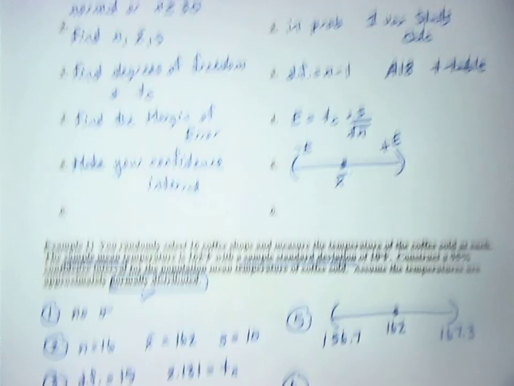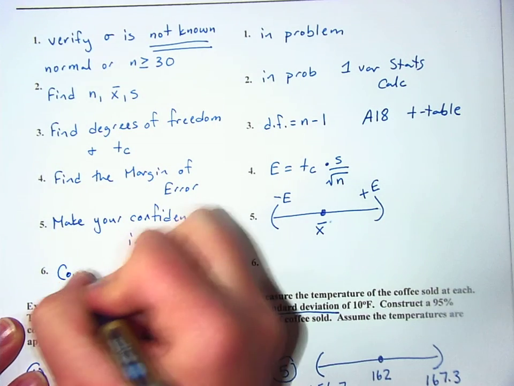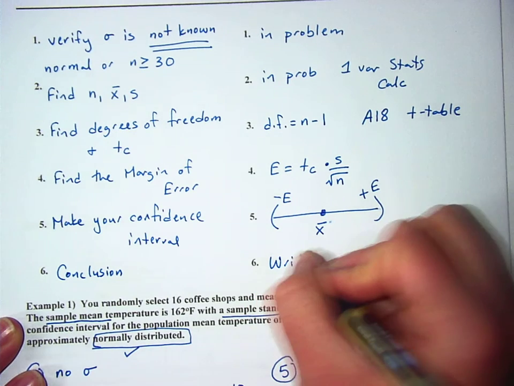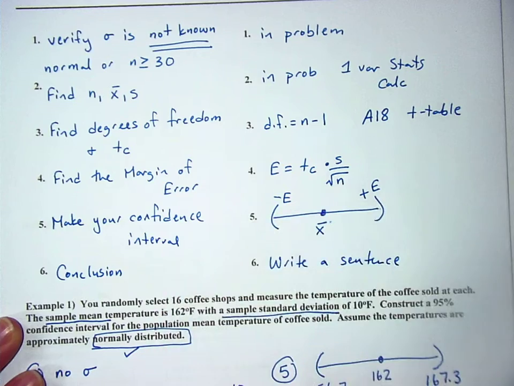As usual, the last step is to make a conclusion, because that is what they're always going to want on the AP exam. That means you actually have to write a whole sentence. Put it back in context.